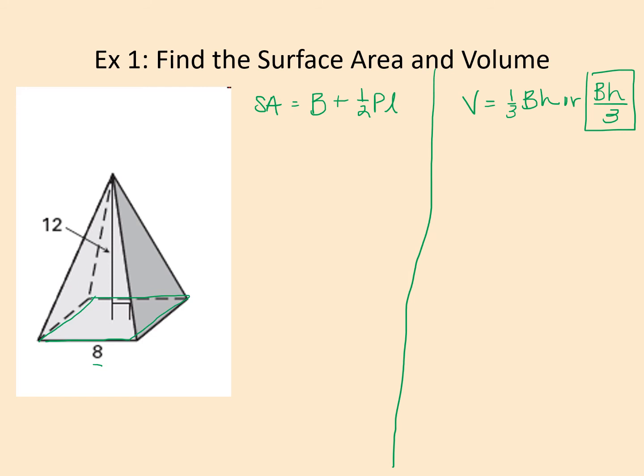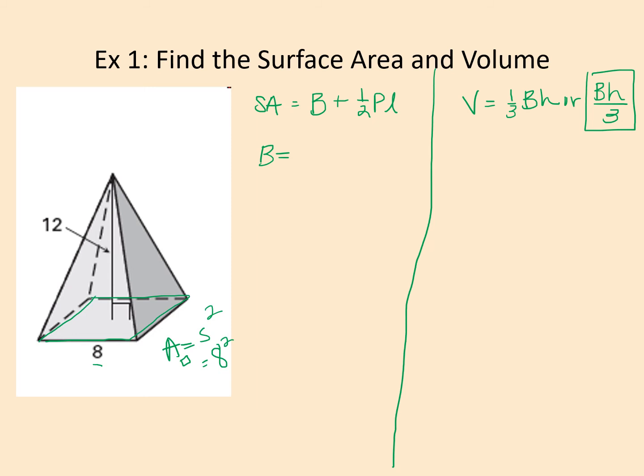So let's look at surface area, and let's first find what all of the letters are. Again, we have big B, and we have to determine what big B is, so determine what the shape of our base is. The base here, like we said, is a square. So now I need to find the area of a square. The area of a square should be side squared, and one of our sides is 8.